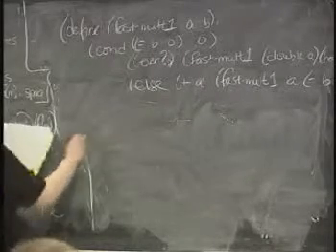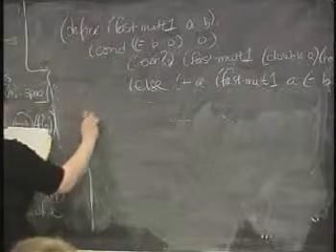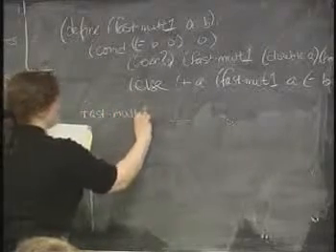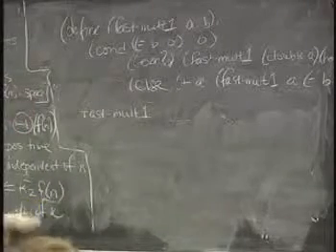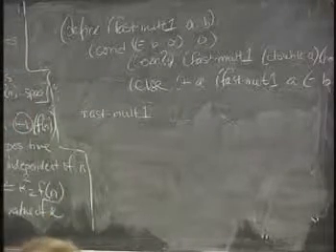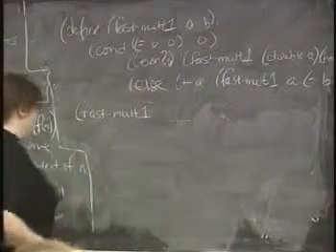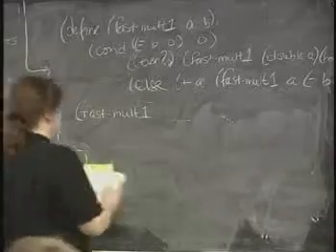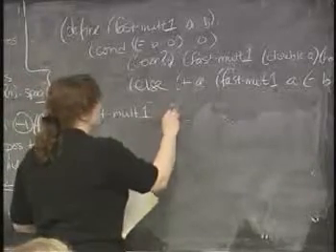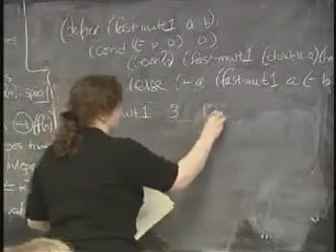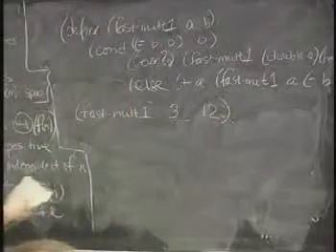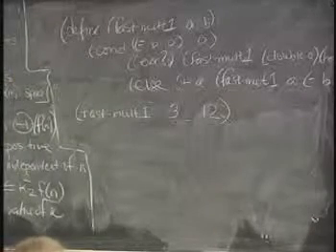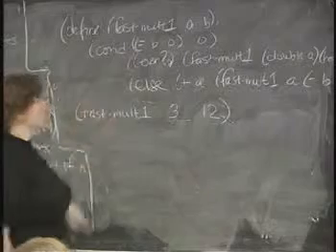And then let's look at fast mult of, oh heck, let's do 3 and 12. So our call, we go into the cond. Does B equal 0? No. Is B even?